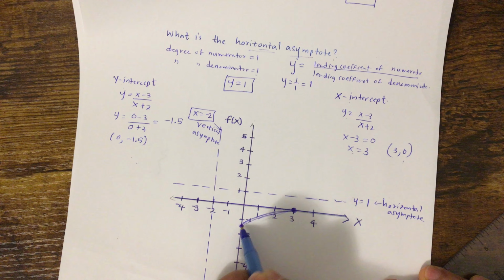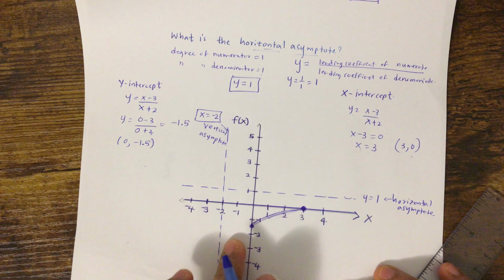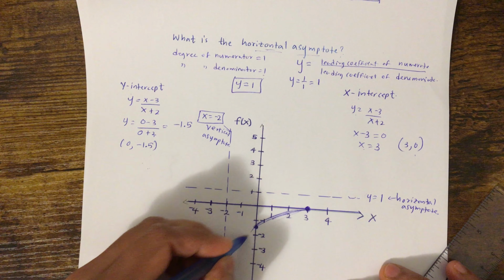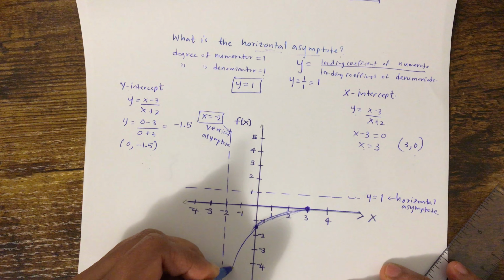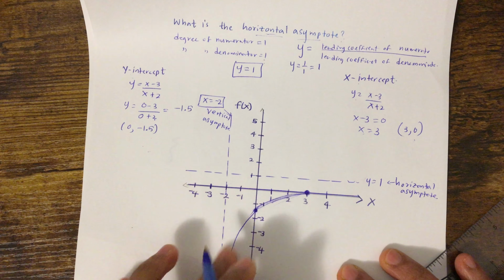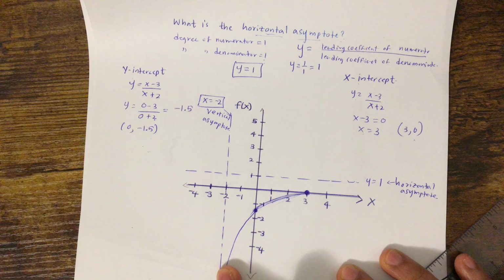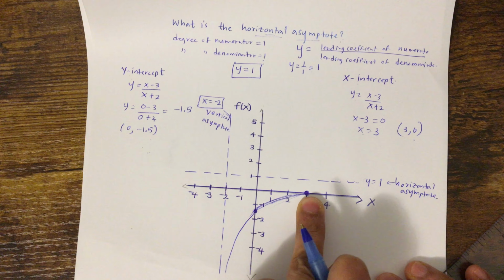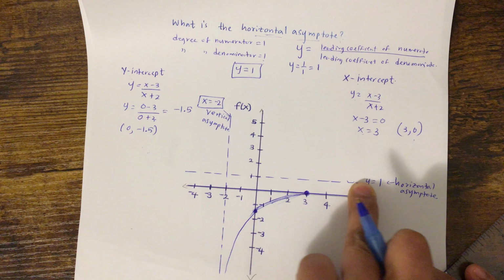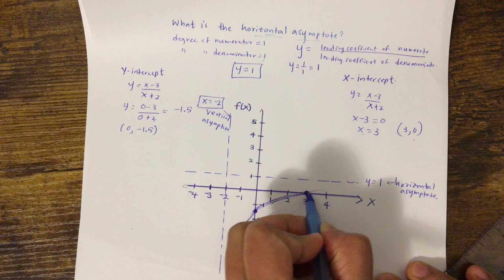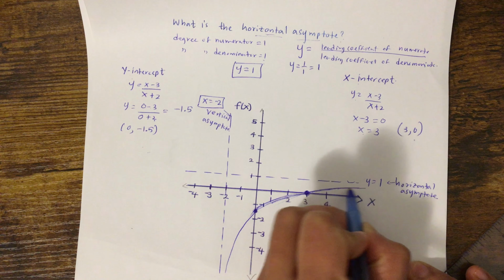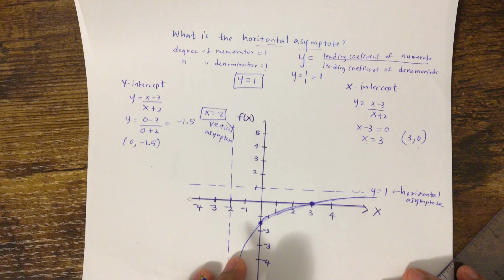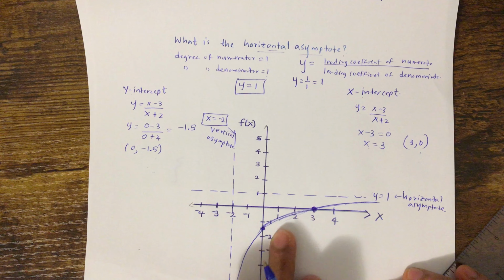If you connect these two dots, you can see the direction. With this vertical asymptote, it goes to negative infinity, right? And then it goes up to here, and this is your horizontal asymptote. Then it approaches that line when x goes to positive infinity, right? So this side is okay.